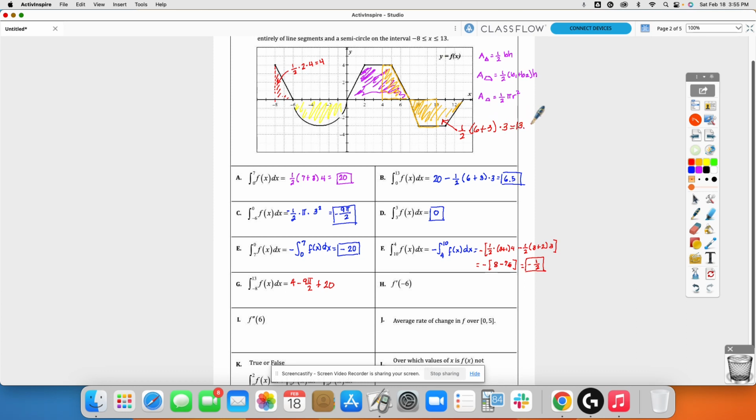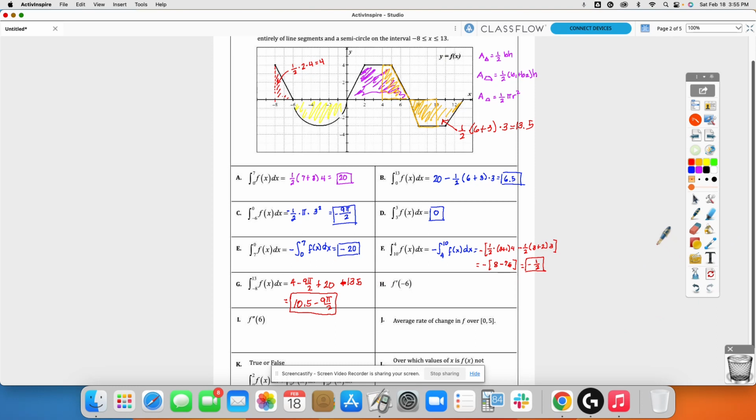That's 13.5. Oh, no, that's negative 13.5. Okay. So that would be 20 minus 13.5, which is 10.5, minus 9 pi over 2.